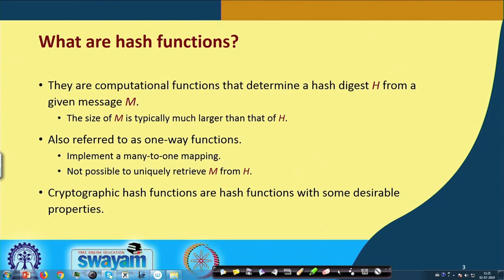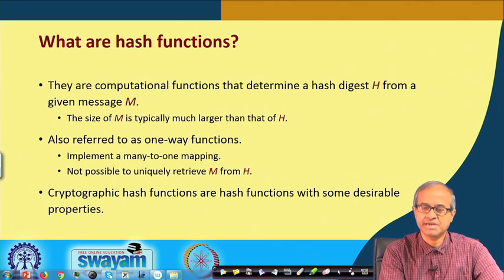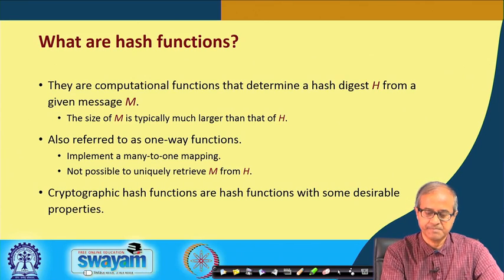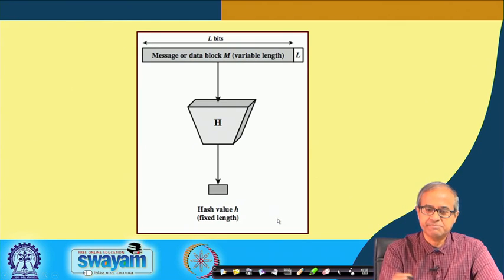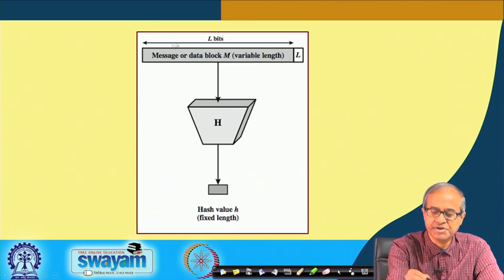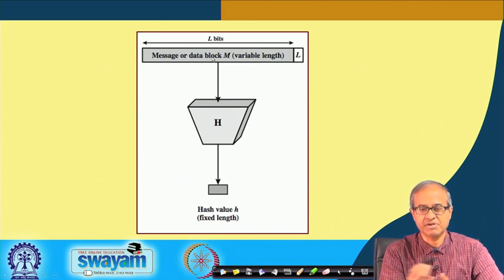And hash functions with some particular desirable properties that are more suitable for cryptographic applications are referred to as cryptographic hash functions. What I have said is pictorially depicted in this diagram. We have an arbitrary message m, which can be of any arbitrary length.